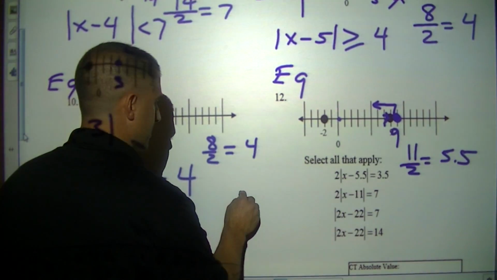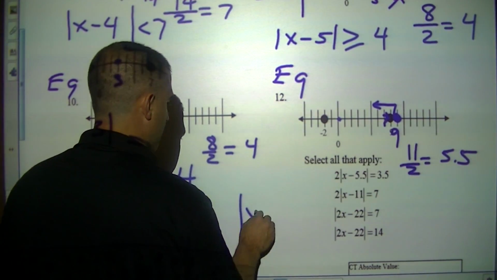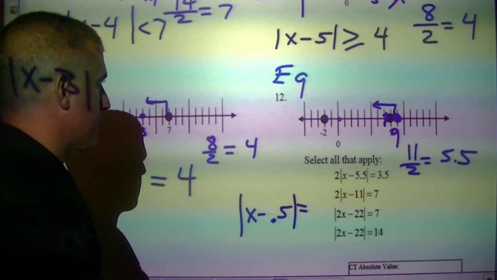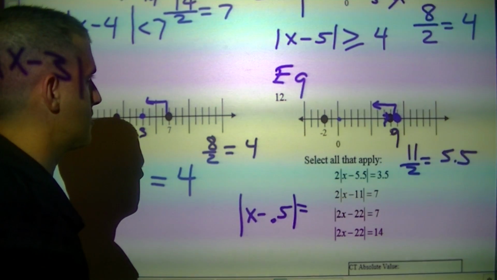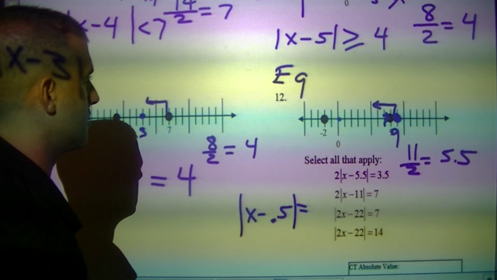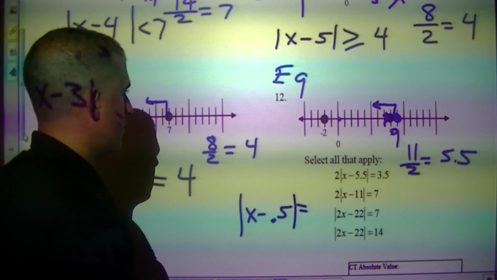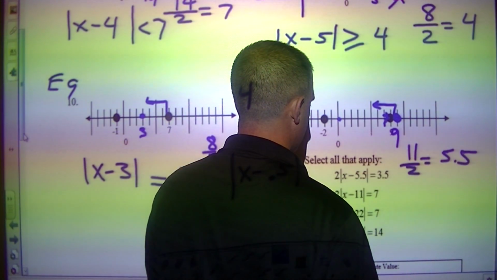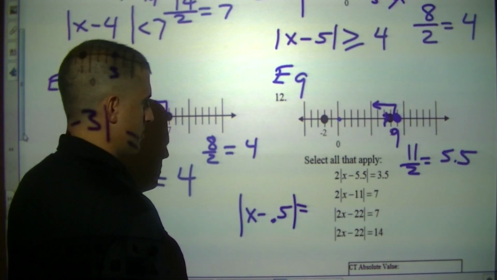So let's go ahead and make this anyway. So that's going to be x minus 0.5 equals 5.5. Okay.